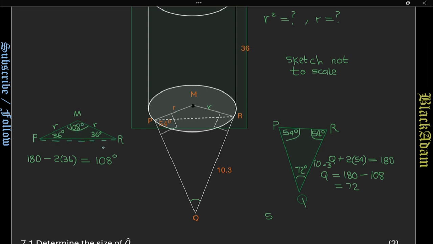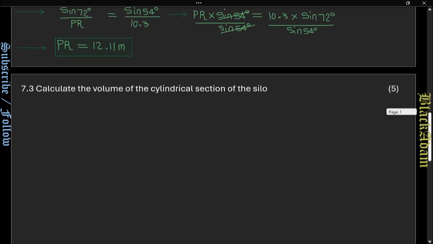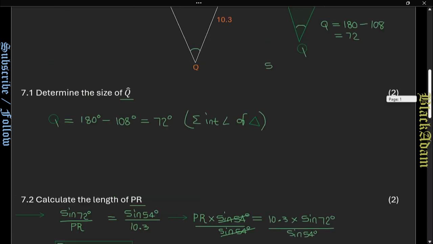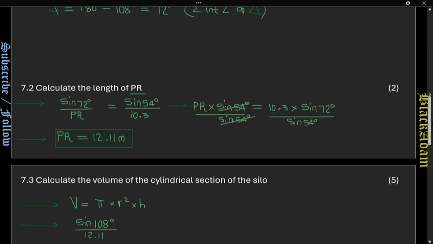So now we know that PR is 12.11 meters, and we're going to use the sine rule once again. The volume is pi times r squared times height, and we want to find r. That's going to be sine 108 degrees over 12.11, so that is that side over that side.